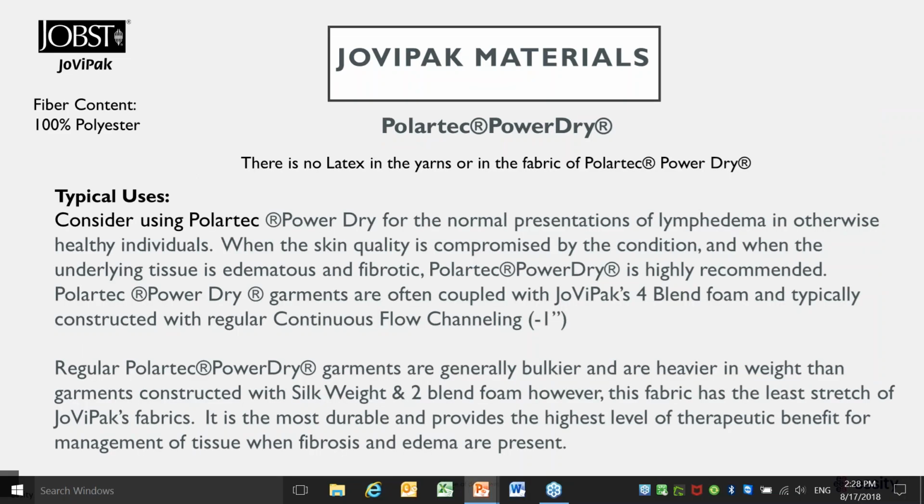The materials we're going to talk about here, I will talk about them very briefly. Polartec Power Dry is our most containing material. It has the least amount of stretch. It is made of 100% polyester.